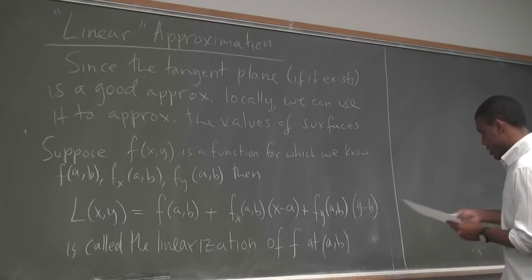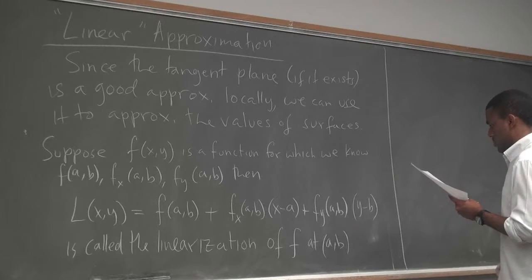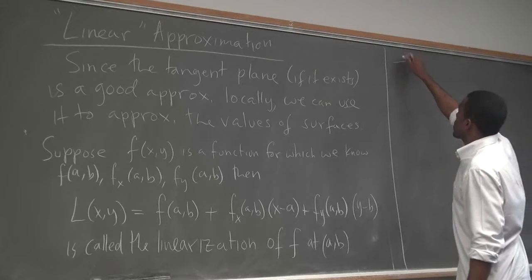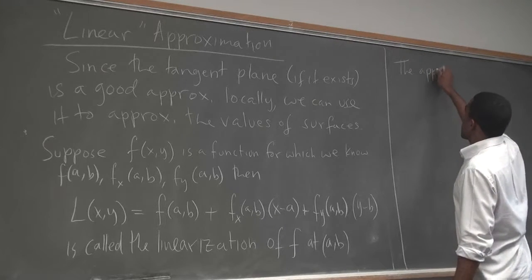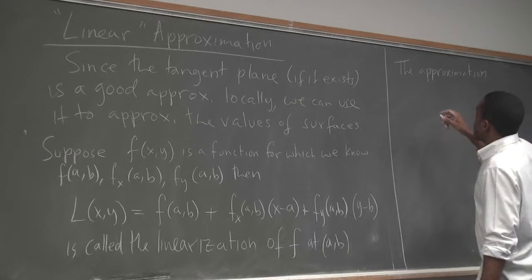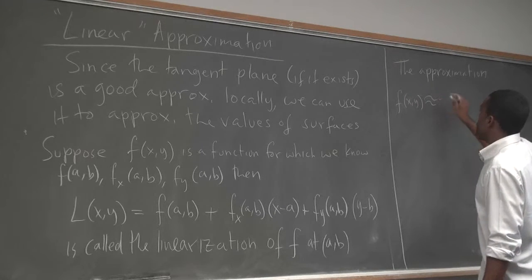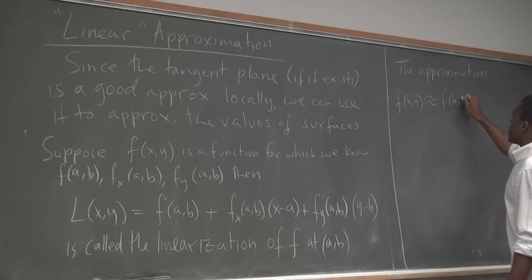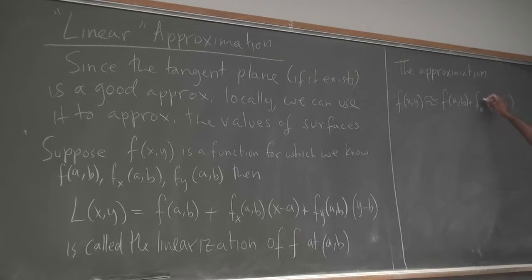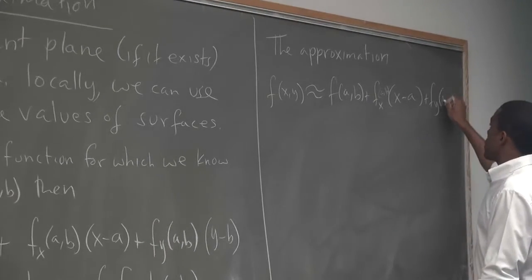It's a very important function because you can use it to approximate. The approximation is that f(x, y) is roughly f(a, b) plus fx, this is fx evaluated at (a, b). Eventually I'll get too tired to write the coordinate, but it should be obvious. Plus fy times (y minus b).